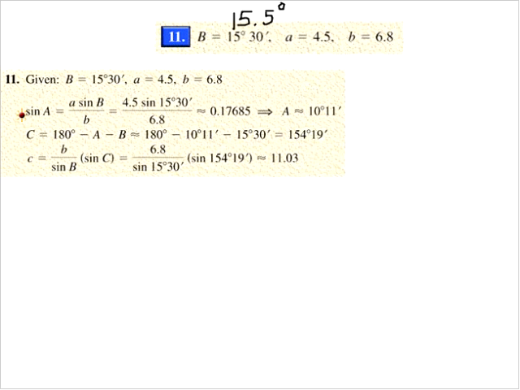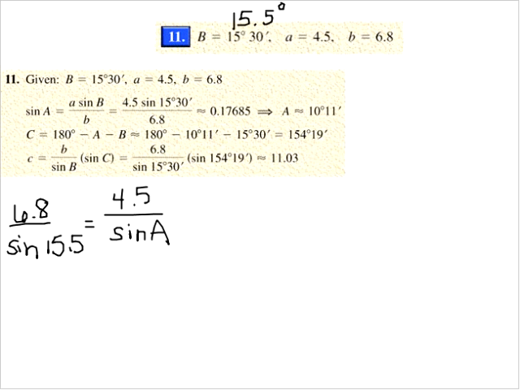So they just solved for angle A in their proportion already. Again, you can set it up like this instead, 6.8 over sine of 15.5 equals 4.5 over sine A.